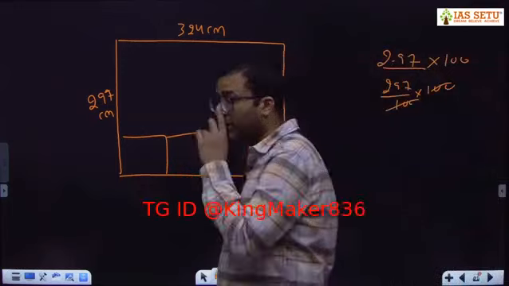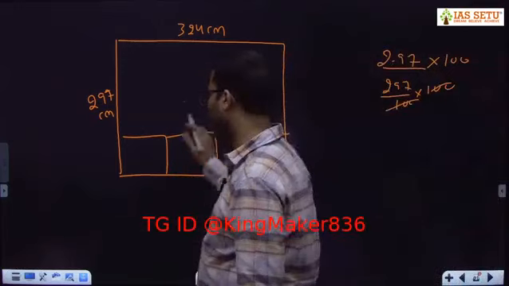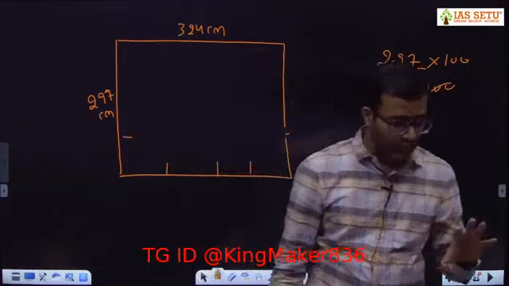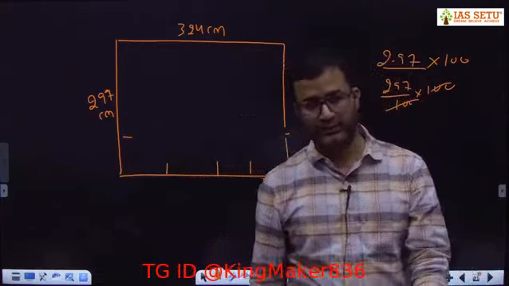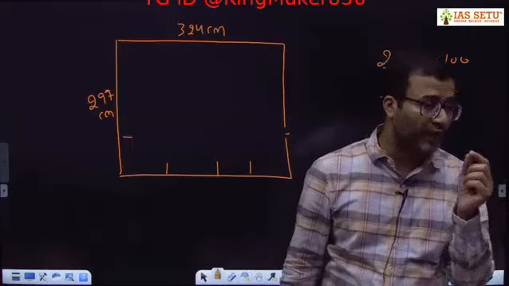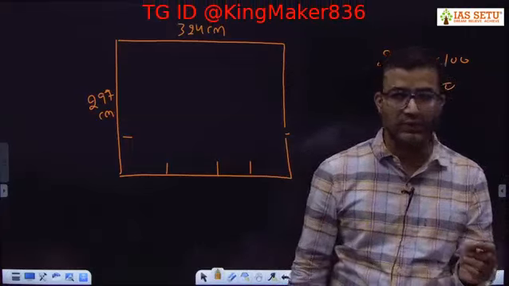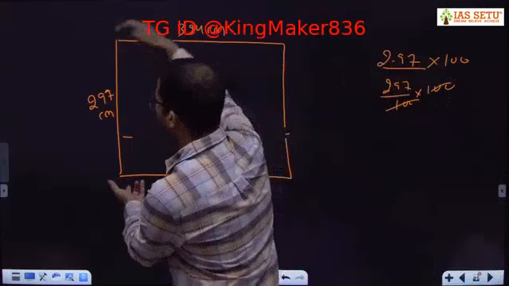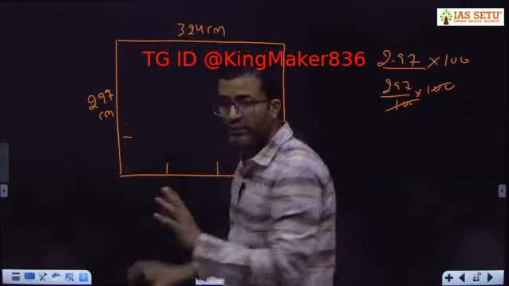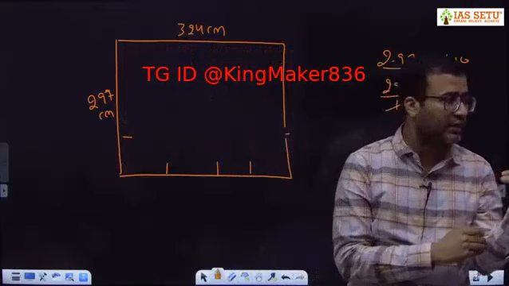Now the question comes, do we have to use LCM or HCF? This is a rectangular hole where I have to pave the square tile, and what we have to find is the size of the tile. To find the size of the tile, do I have to take a multiple of 297 or a smaller value? Smaller, because the size of the tile will be smaller than the rectangular hole.